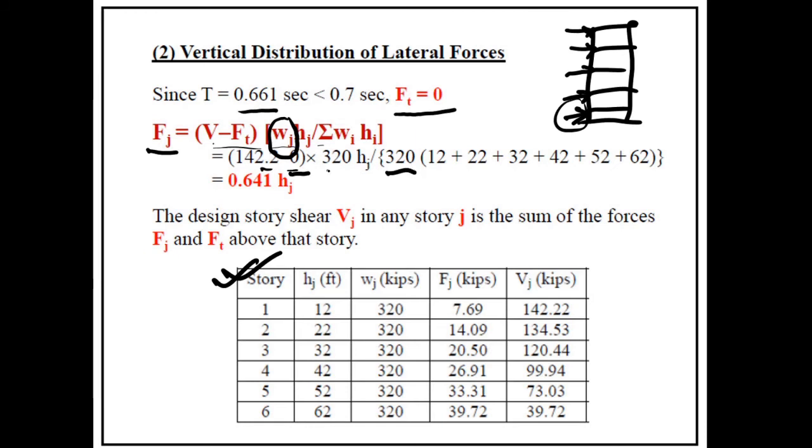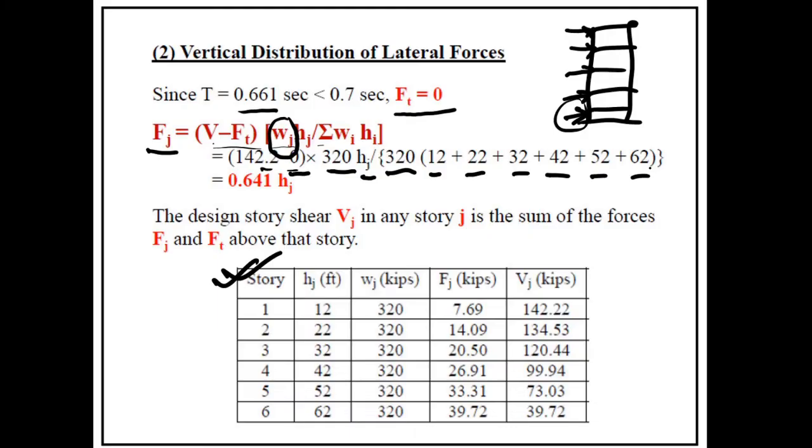here and here, Wz, and Hj. We still don't know the height upon which it is acting, and plugging the value of Wi for each of the stories, and plugging the value of each of the story heights.